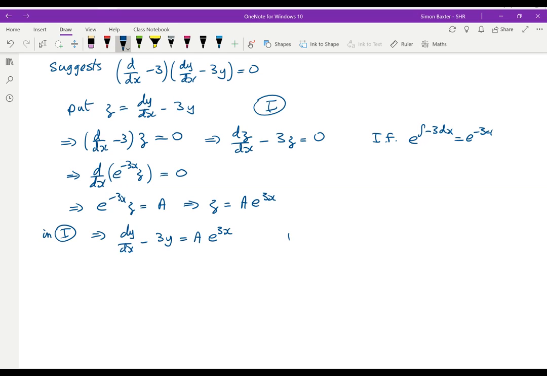Integrating factor, e to the integral minus 3 dx, which is e to the minus 3x. So multiplying both sides by e to the minus 3x, minus 3e to the minus 3x.